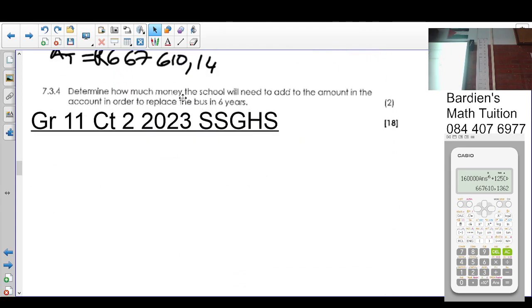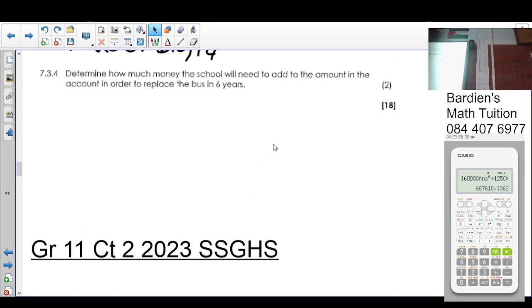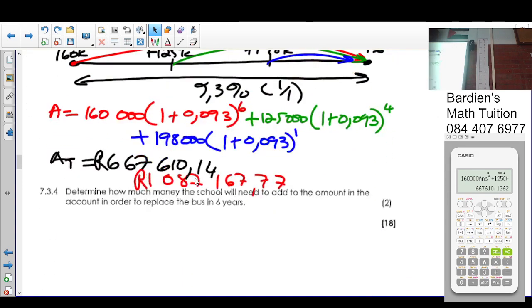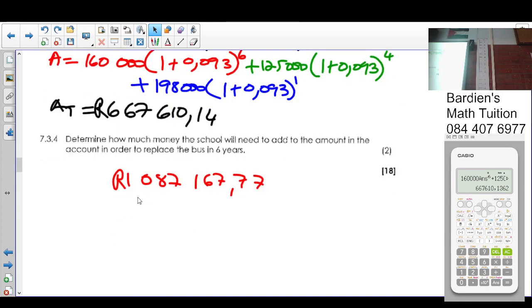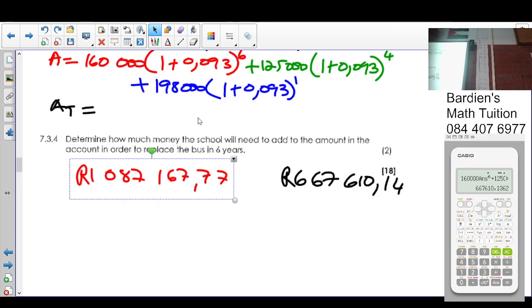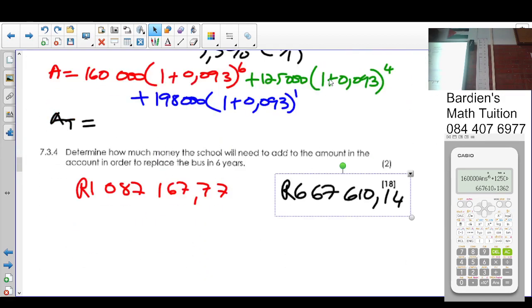It says here, determine how much money the school needs to add to the amount in the account in order to replace the bus in 6 years' time. What is the cost of the bus in 6 years' time? 1 million. Right, and then I must minus it from that amount. Can you see that, people? Of course, that amount is coming from here.